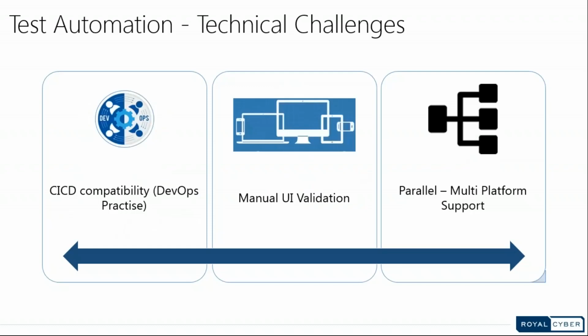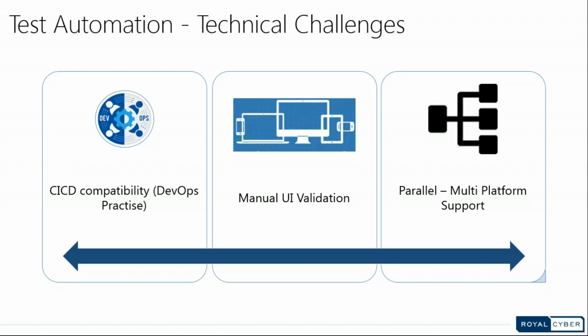Coming to the next technical challenge, which is happening nowadays: DevOps, continuous integration and continuous delivery. Considering this as part of continuous testing, we need to integrate it with DevOps practices. It is one of the major technical challenges as well.